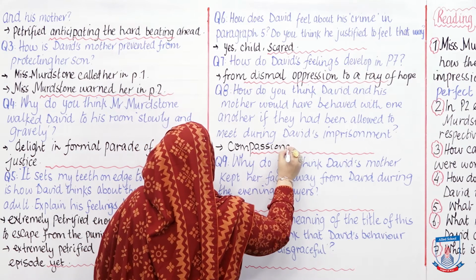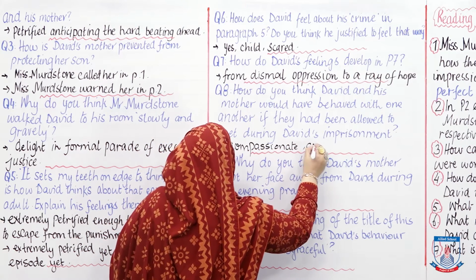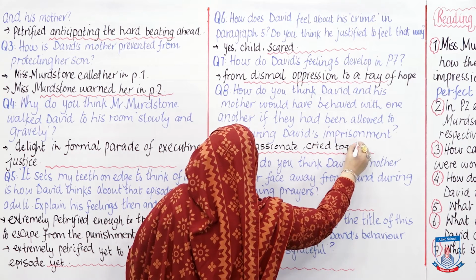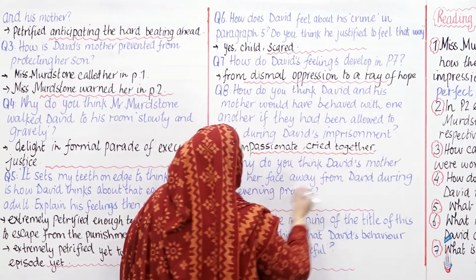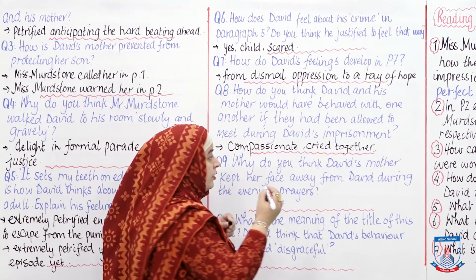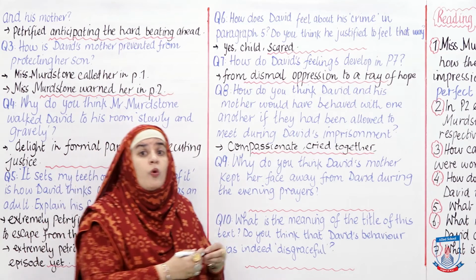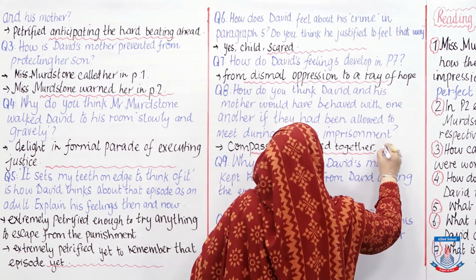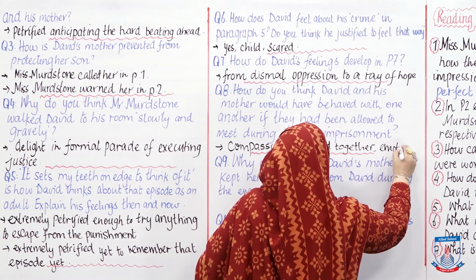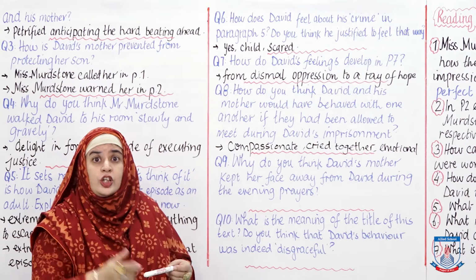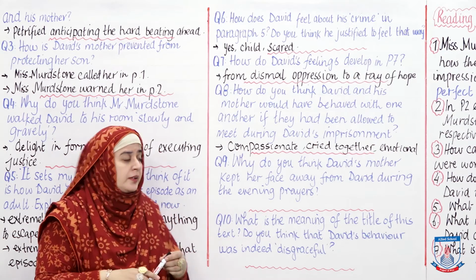They would have cried together. They would have had a serious emotional reaction, right? This was how both of them could have behaved if they had met during David's imprisonment.